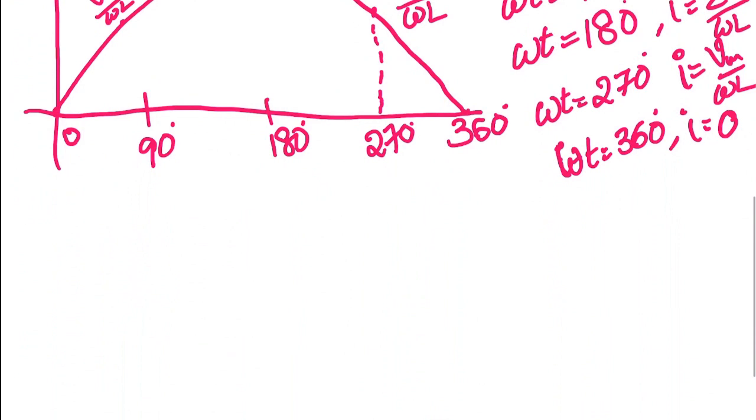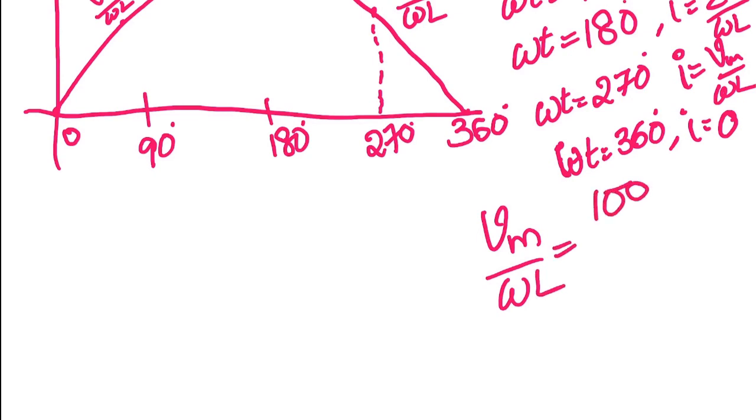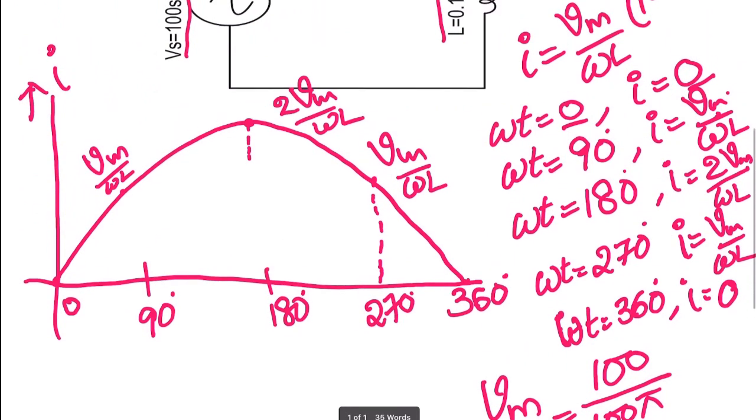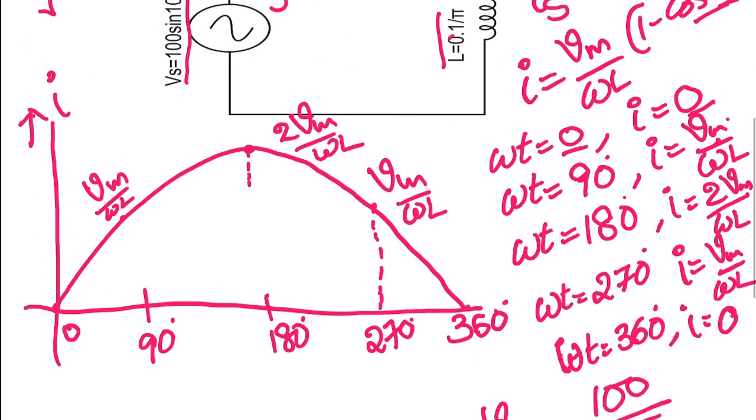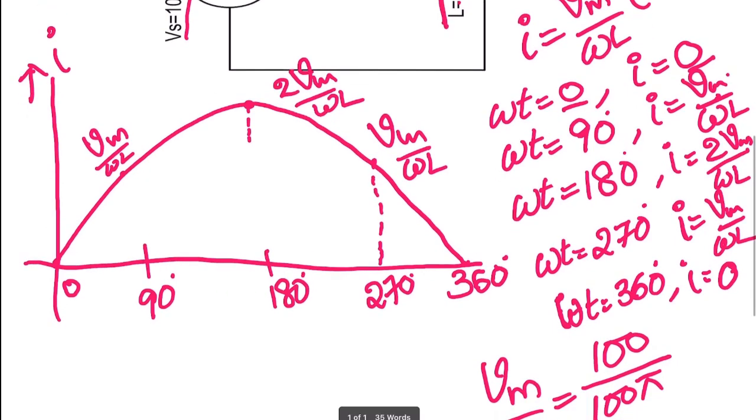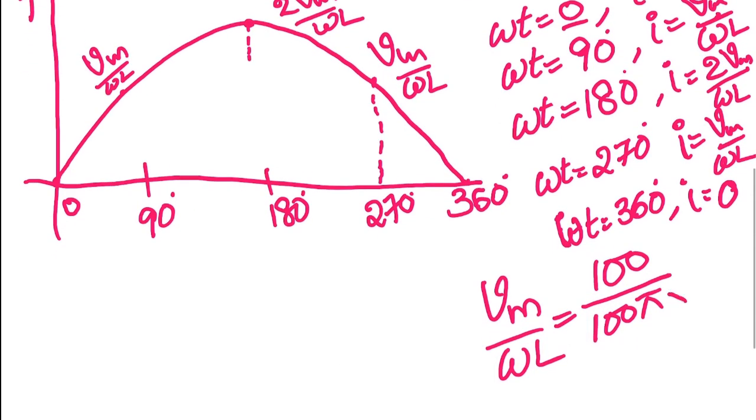Now if I am calculating Vm by omega L, Vm is 100 and omega is 100 pi. The inductance L is 0.1 divided by pi. If I substitute the L value 0.1 divided by pi here, pi cancels, 100 cancels.